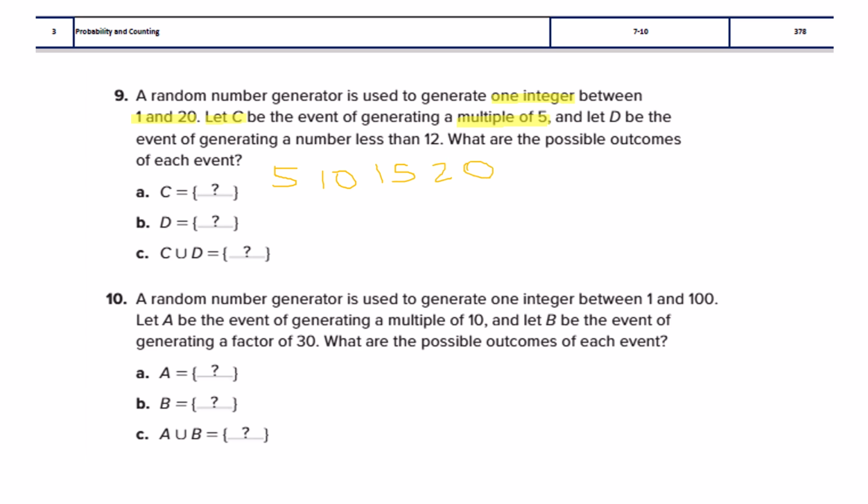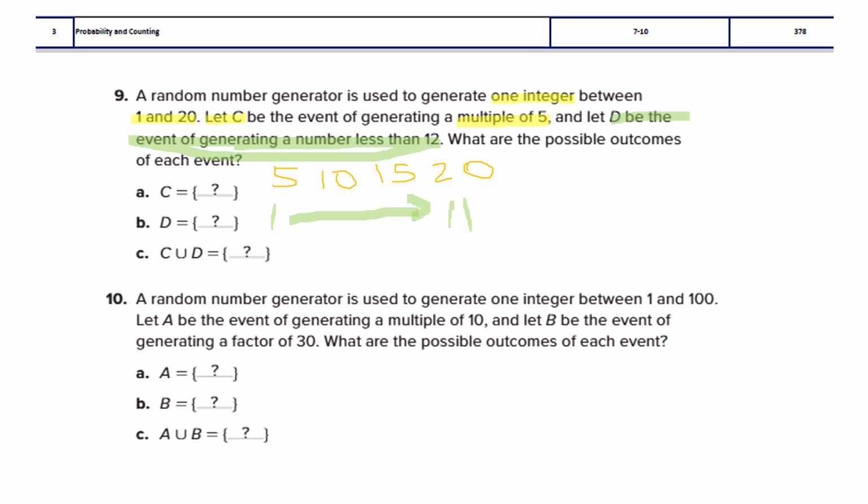The second event, very quickly, tells us let D be the event of generating a number less than 12. A number less than 12. Right? So all the possible numbers less than 12 will be from number 1 to number 11.